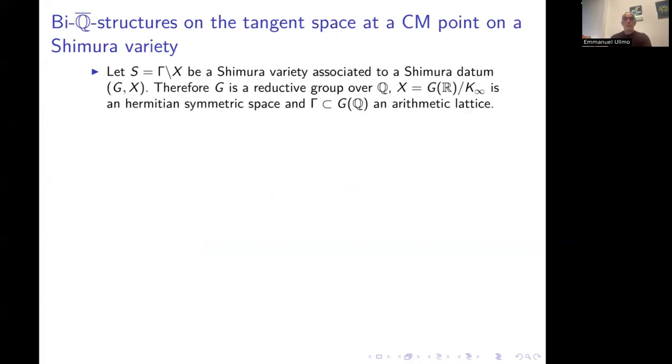Okay, so I will come back to this a bit later, but I want to speak now about the B Q-bar structure on Shimura varieties.